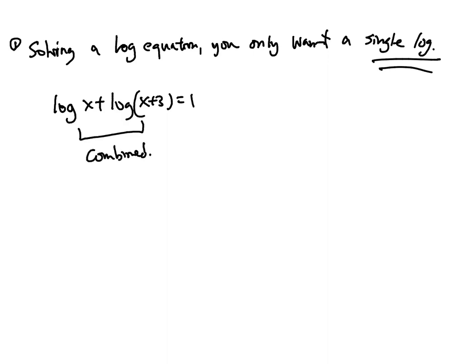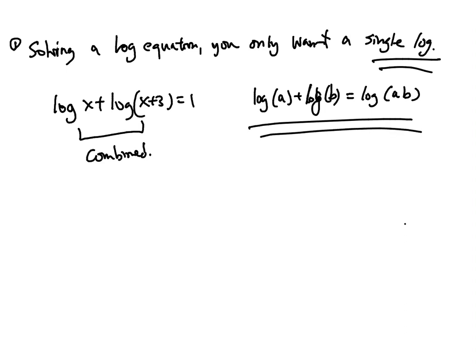And how do we combine? When you add the logs together, you multiply the insides. Remember this rule? Log A plus log B is the same as log of AB. We're going to use this property and combine it.